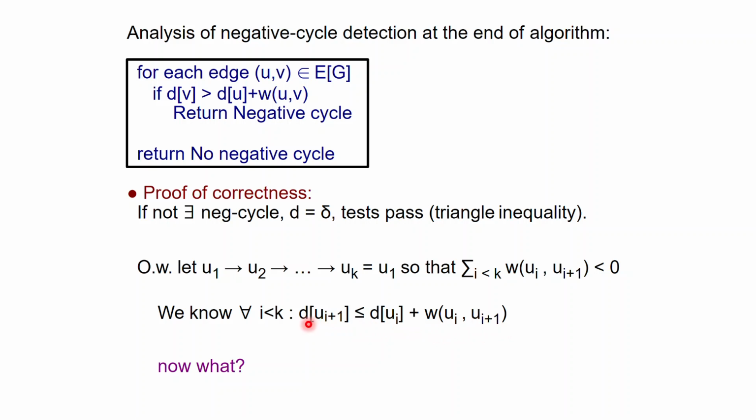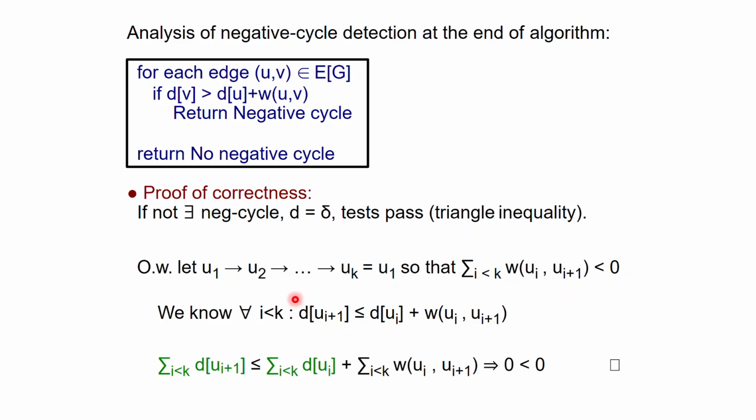Now the idea is that we know this condition for all the nodes, so we're just going to sum this over all nodes. So we simply take the sum of this, and sum of this. If you sum this, you have the sum of this, and then you have the sum of the weights. The cool thing now is that we know that this sum here is the same as this sum here.